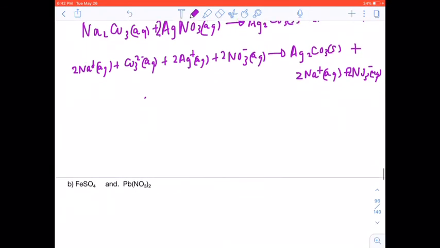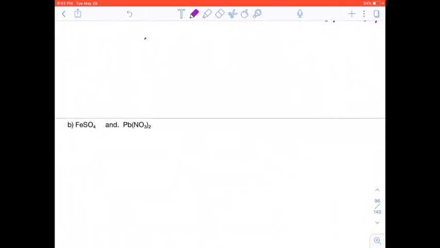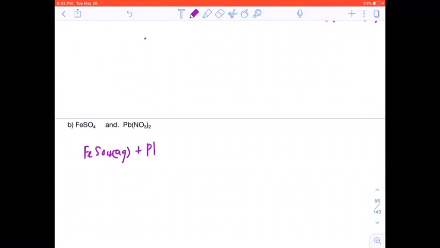Okay, let's look at the next one. Here we got lead nitrate and iron sulfate. So, okay, we got FeSO4, and that's soluble, plus we got Pb(NO3)2, and that's soluble.